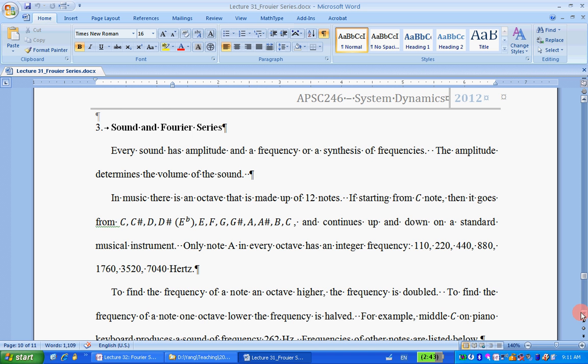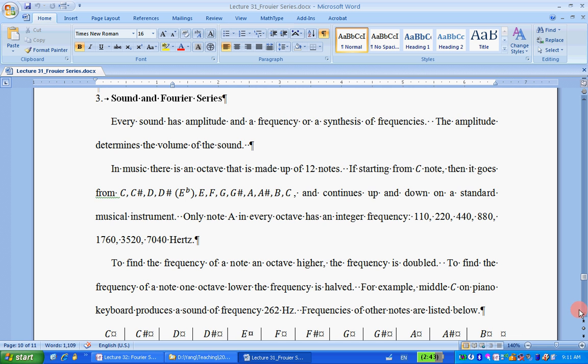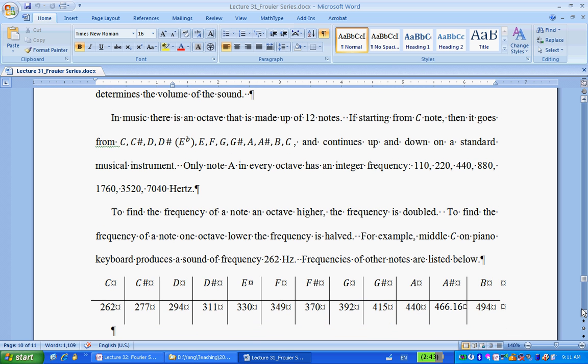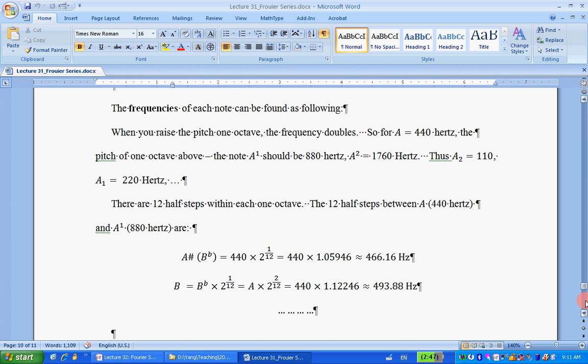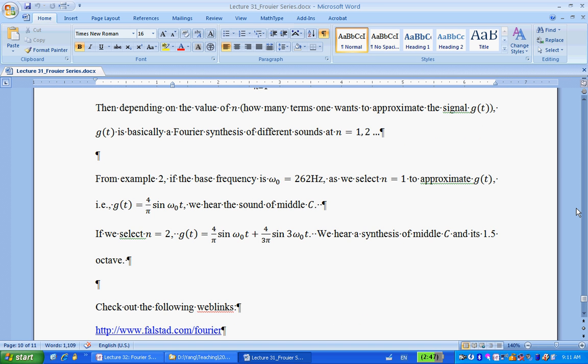Now the question is, if I play a song, let's say maybe two notes played together, what sound does it make? This whole thing can be explained very easily using the Fourier series expansion. Let's say the base frequency is 262 hertz.